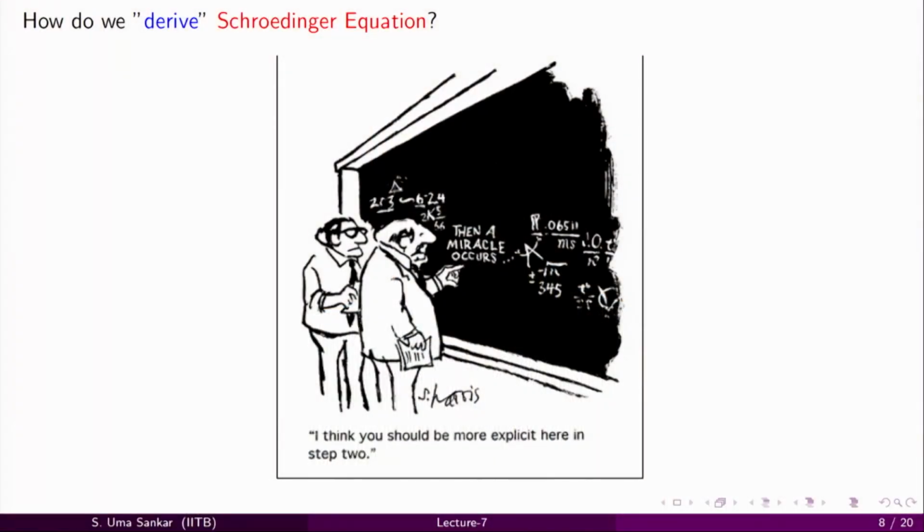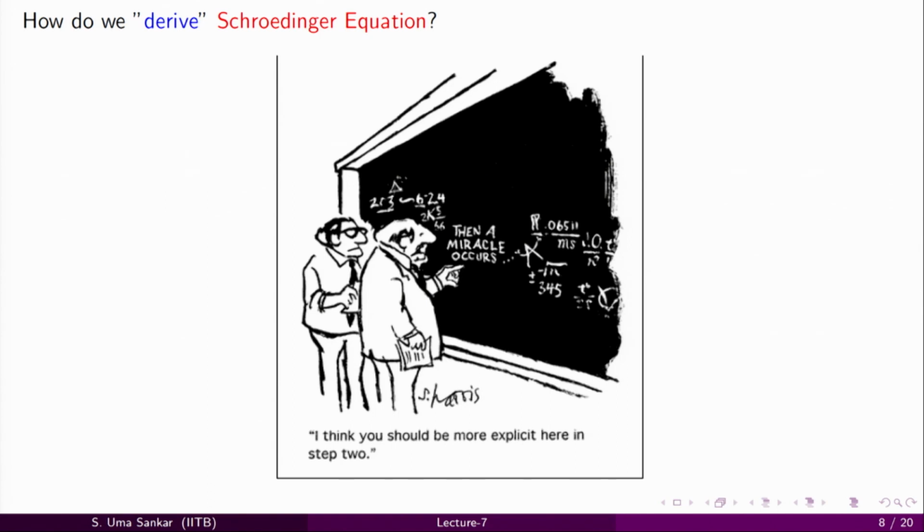Therefore, ever since Schrödinger wrote down the Schrödinger equation, people essentially used the Schrödinger formalism, and the Heisenberg formalism is used only for certain special problems.